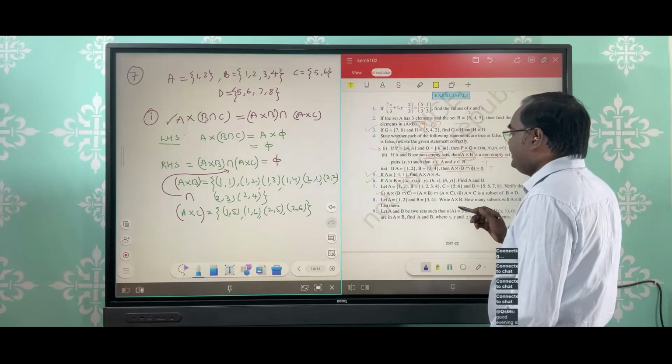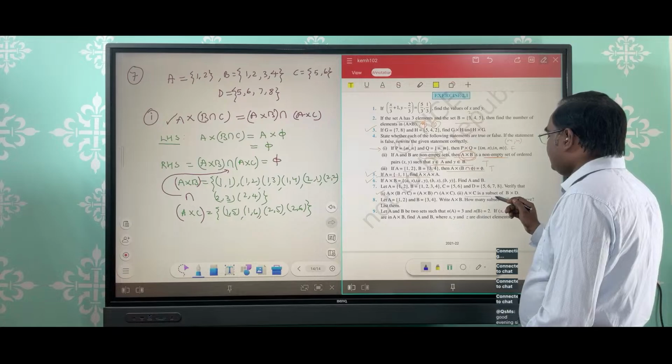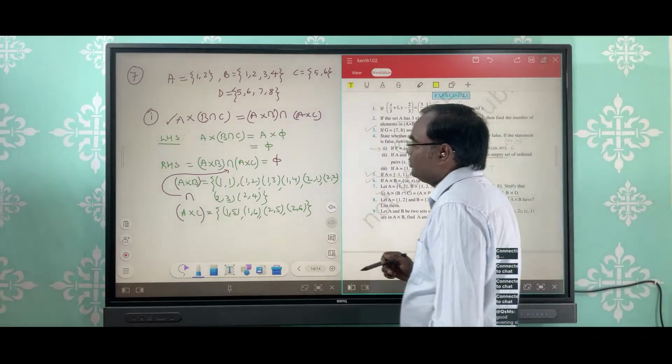And the second part is that A cross C is a subset of B cross D. A cross C we have already found.